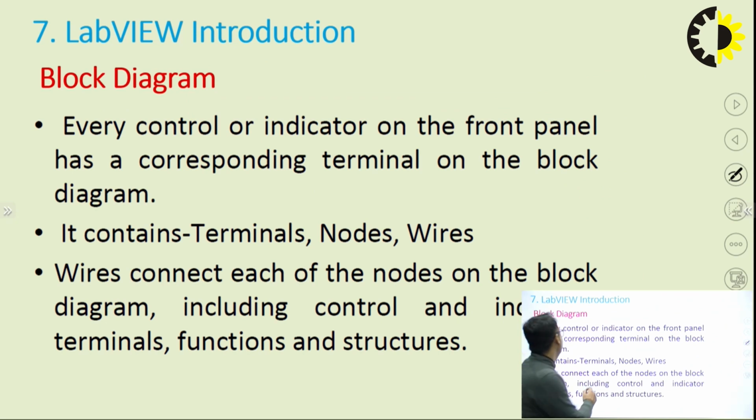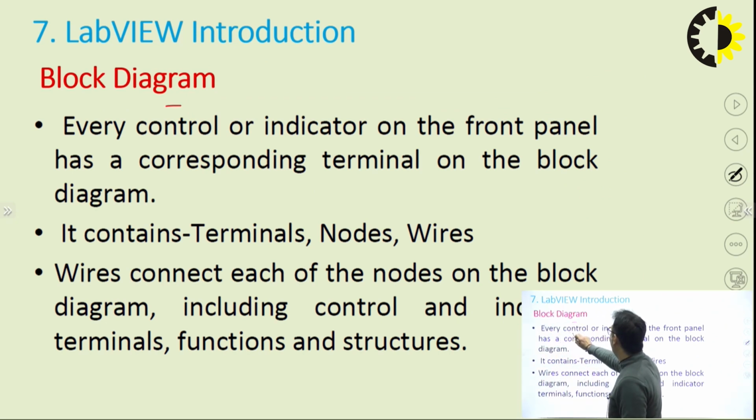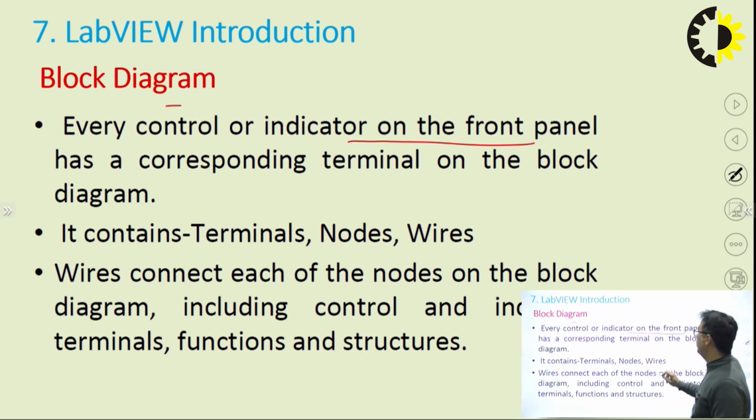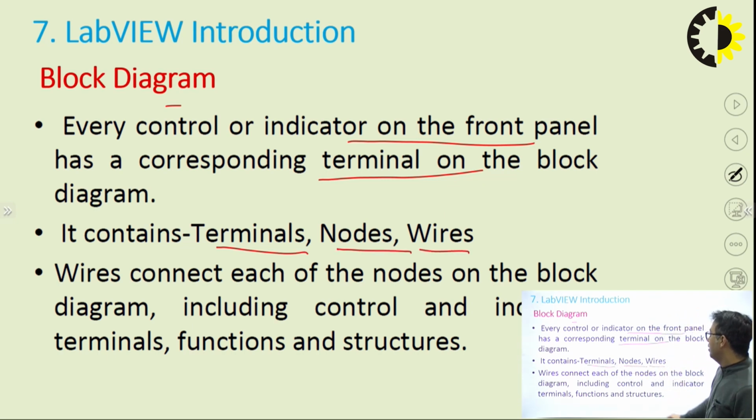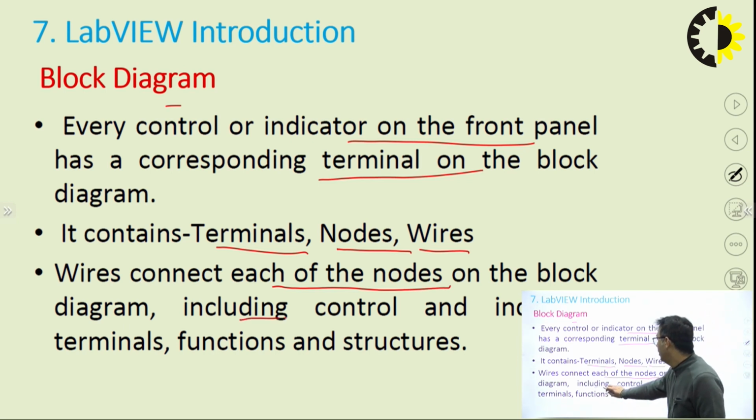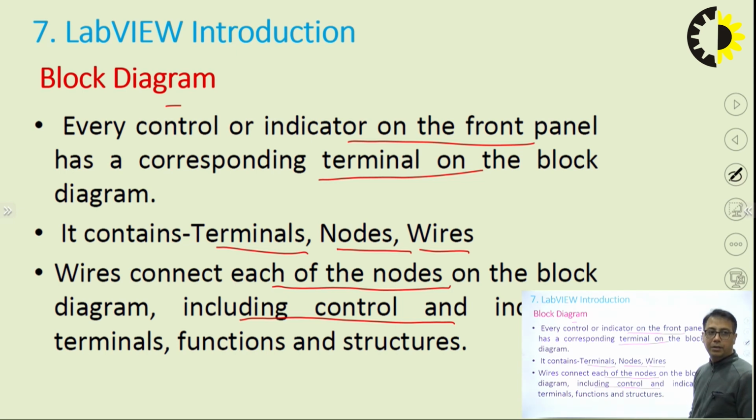On the other hand, in the block diagram, every control and indicator on the front panel has a corresponding terminal on the block diagram. It contains terminals, nodes and wires. Wires connect each of the nodes on the block diagram, including control and indicator terminals, functions and structures.